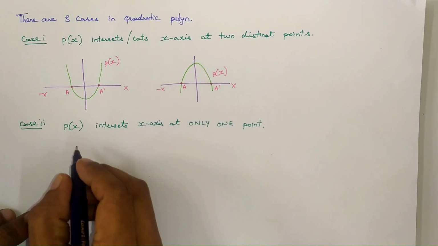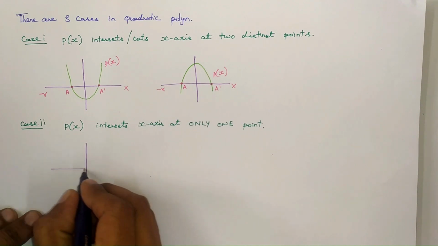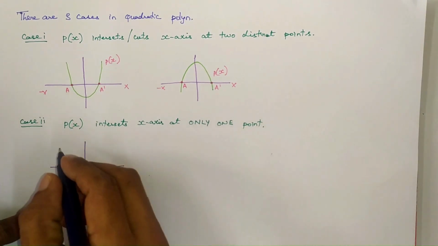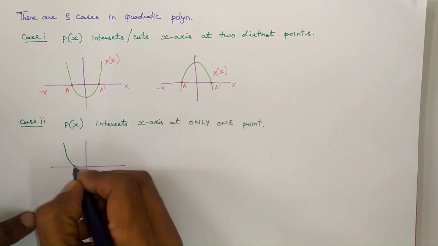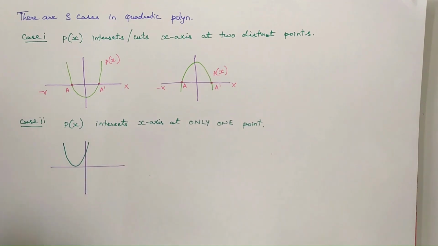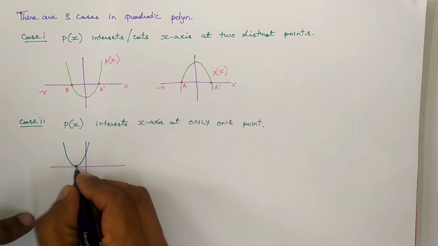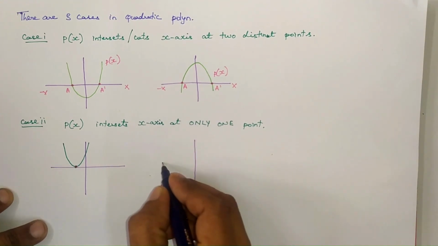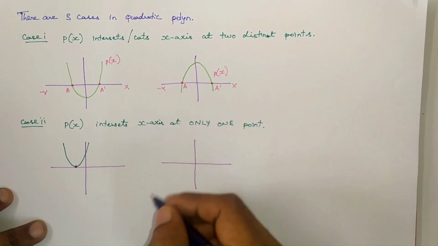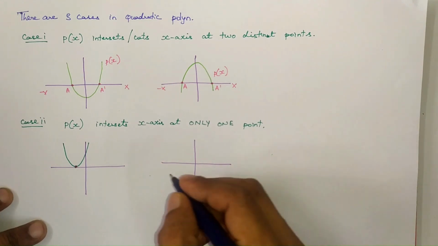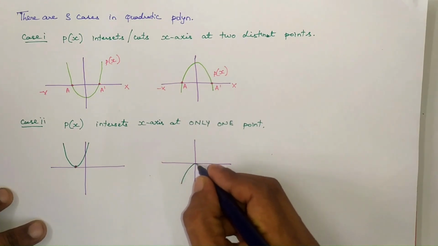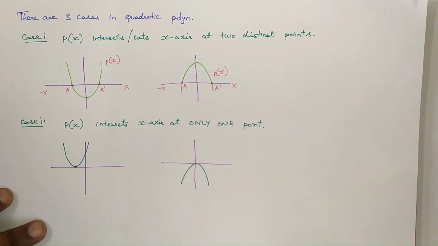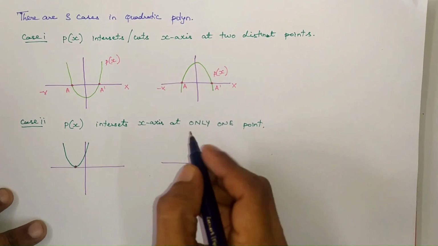The graph will be something like this. It is intersecting only at one point, or it can be the other way also, the inverted type. It can be like this also. So here it is intersecting at only one point.